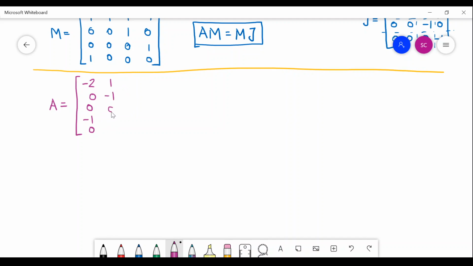Let me copy it down. So this is your A matrix.